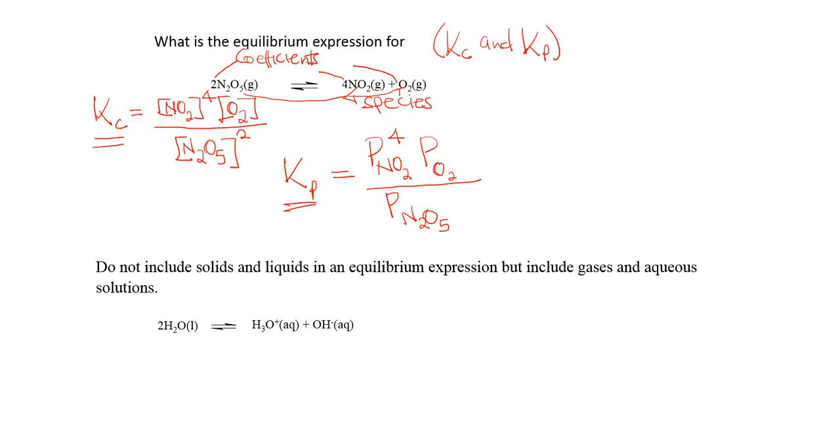One important thing about equilibrium expressions is do not include a solid when you want to write an equilibrium expression. Also, do not include liquids. An example is the equation given here. We have water, liquid, in equilibrium with the hydronium ion and hydroxide ion.